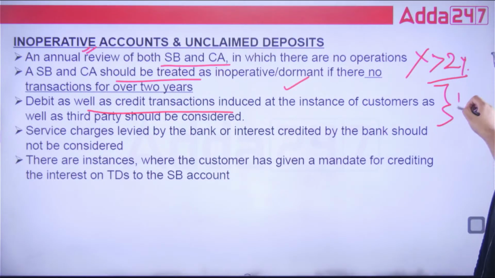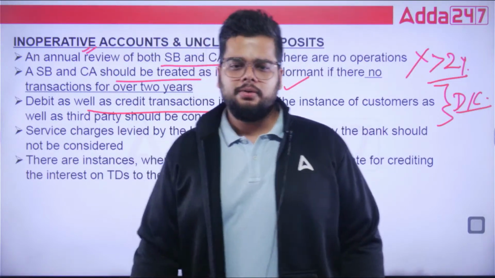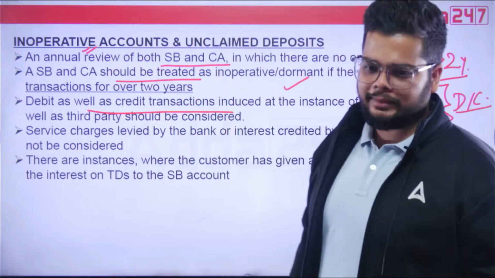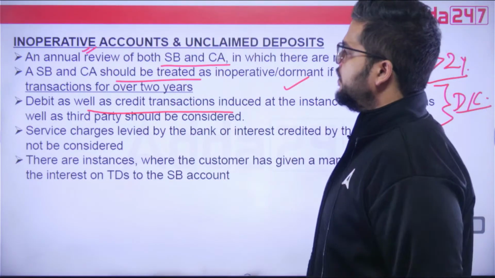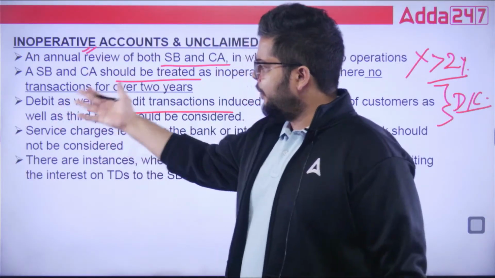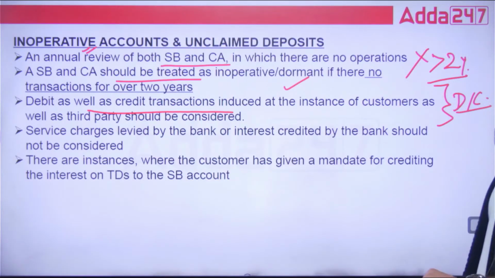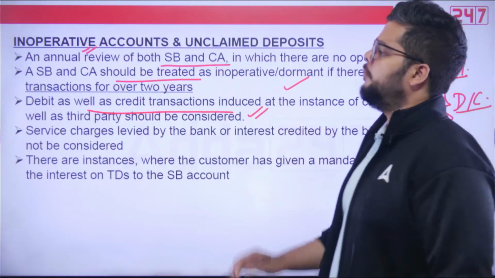Normally as a customer, we think that you have to debit only or credit only, but what is the actual norm when we are studying this inoperative accounts mechanism? Debit as well as credit transactions induced at the instance of customers as well as the third party will be considered. Mark this, very important.